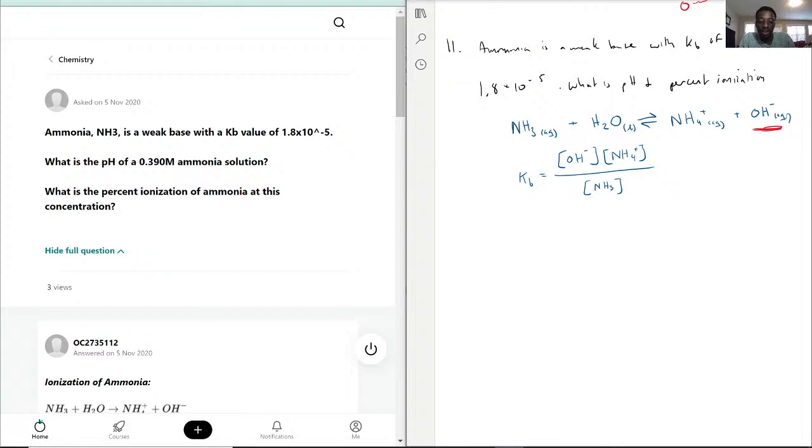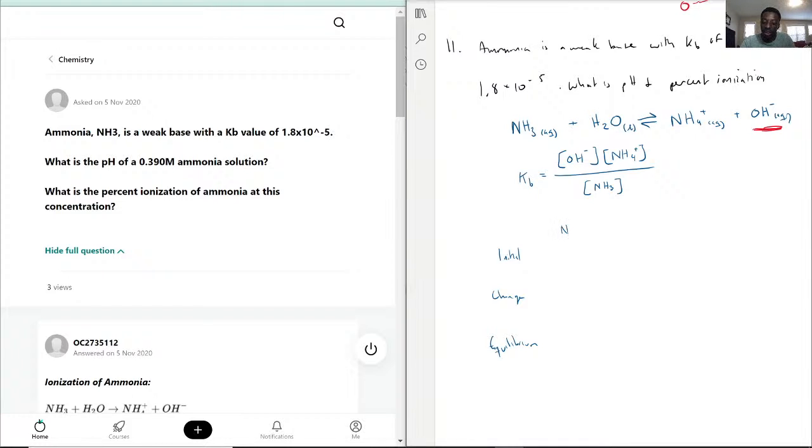It would be how much of the NH3 actually separated into NH4 and OH minus. So we can kill two birds with one stone here, because we're going to use the ICE table: initial, change, equilibrium. We have to do this for each of the components factored into the Kb equation.